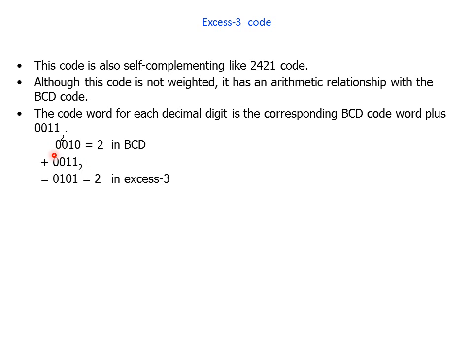For example, 0010 is equal to 2 in BCD. When 0011 is added, it becomes 0101. Then in XS3 BCD code, 2 is represented as 0101. It is also known as 2421 code.